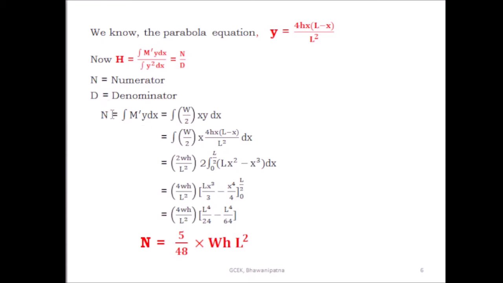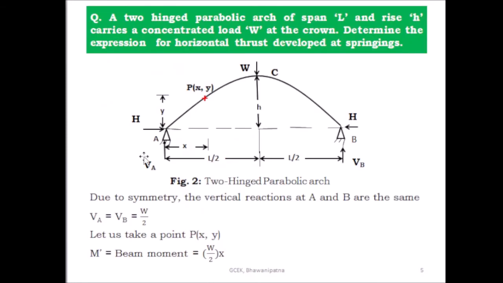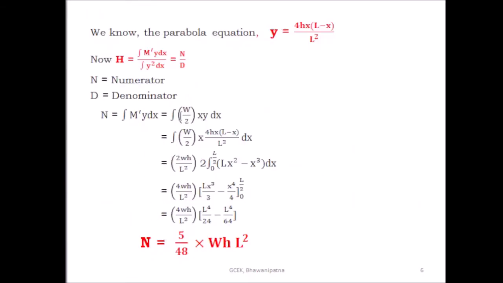The numerator N = ∫M'y dx, and we know M', the bending moment, is (W/2) x. So you put the bending moment here: (W/2) x into y dx.